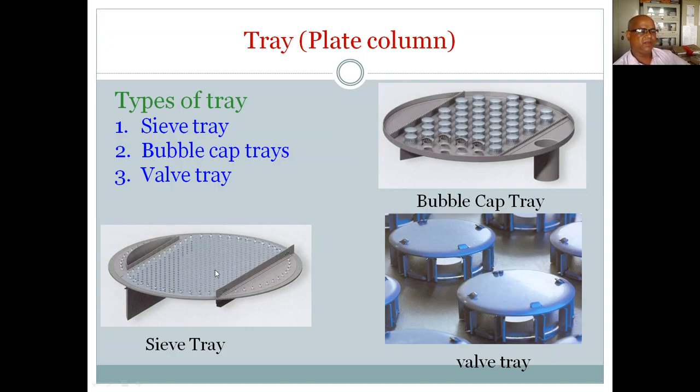If we have a sieve tray, all the liquid will come down, and when the gas comes again, it will take time to recover. But if I use the valve cap, then what will happen? If the gas flow rate is 0, sometimes for an emergency, that's okay. The liquid holdup will still be there in the column. Once you start the gas flow again, it will come to steady state very fast. So these are the modifications that were made.